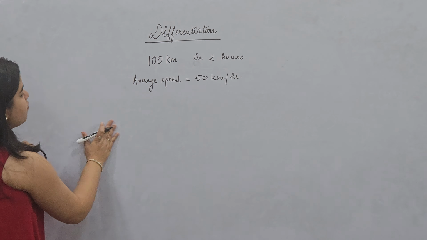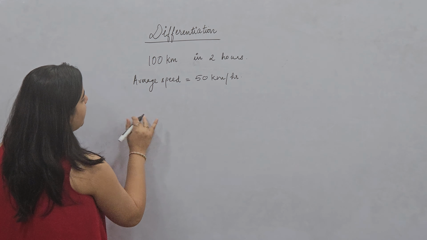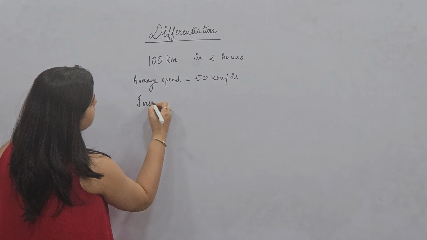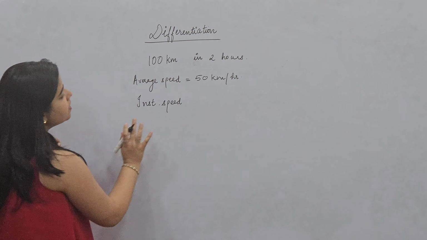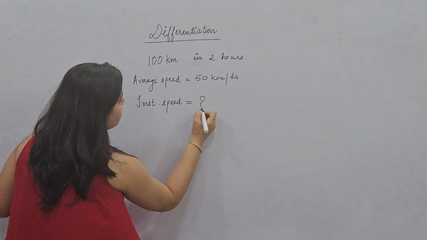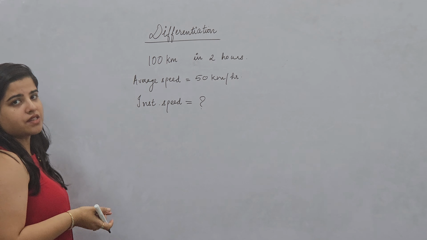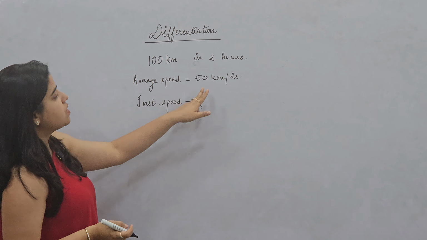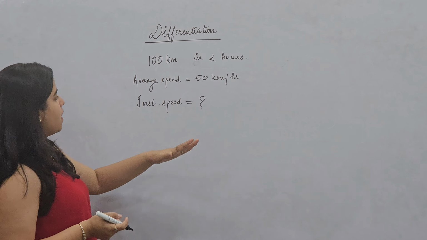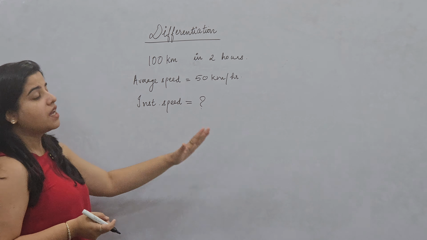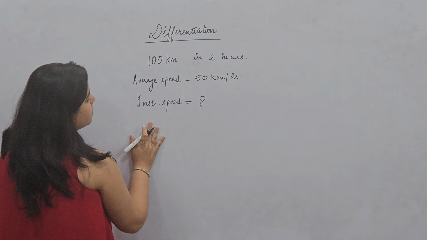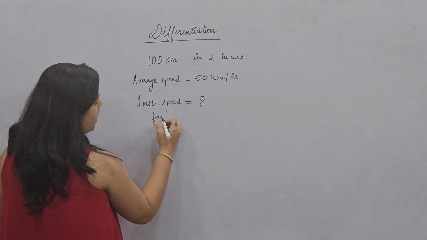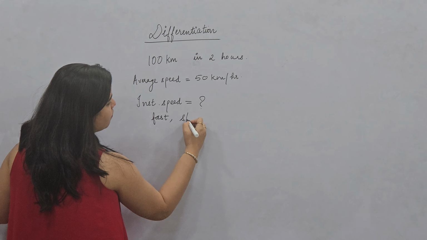But if I ask you to find the instantaneous speed, what is the meaning of instantaneous speed? Instantaneous speed is the speed at any particular instant. The average speed of the person is 50 kilometers per hour, but during the whole journey his speed must have changed. There would have been certain times when he was fast, and certain times when he was slow.